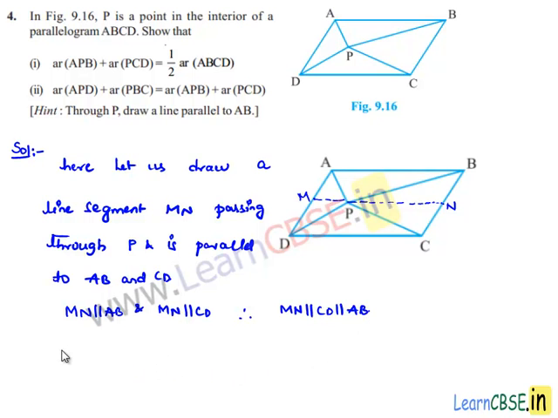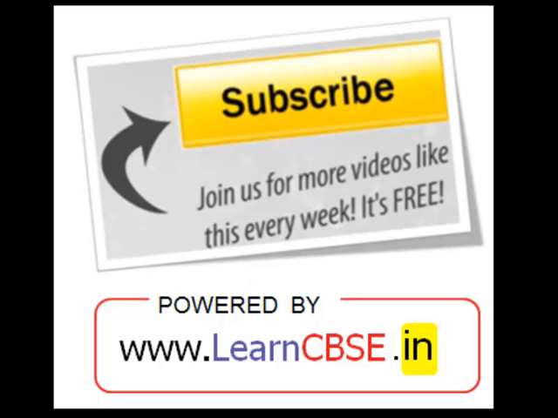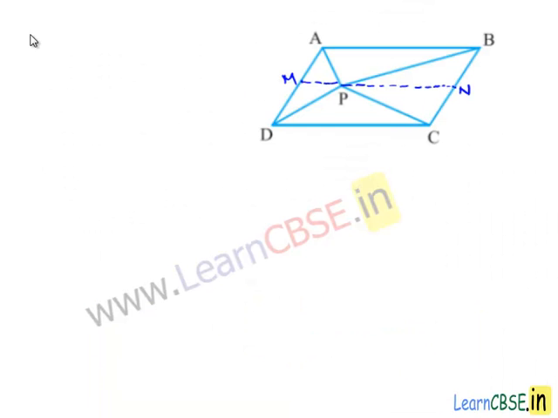Now let us consider the parallelogram ABNM and triangle APB. They lie on a common base, that is AB, and they also lie between two common parallels, that is MN and AB.